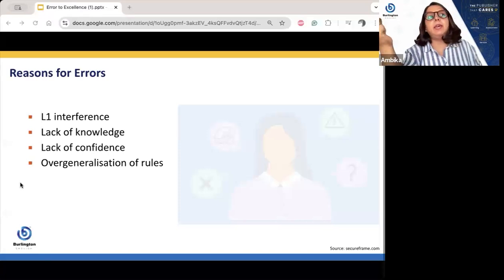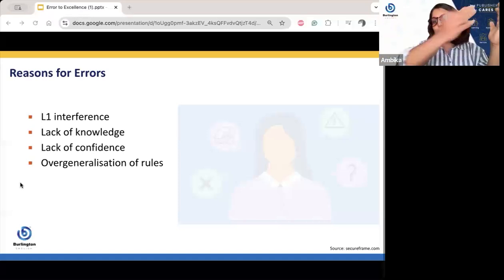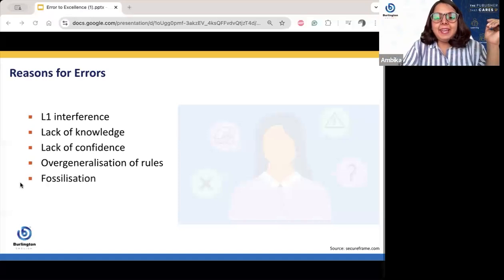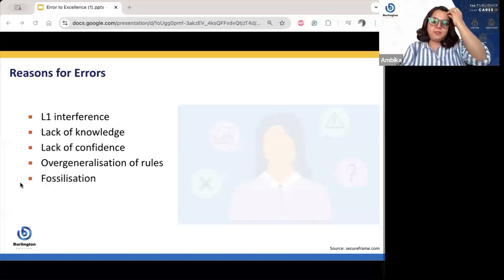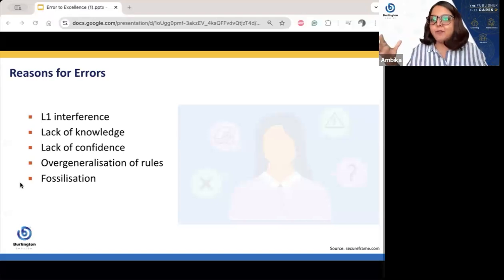So those kinds of rules are the overgeneralization. It's very evident that a lot of people make errors because they think the rule is right throughout. The next one is what Meena briefly addressed earlier, which is fossilization. Repeatedly saying the same thing makes us feel that it's correct. For example, half of the people, when they speak, say, me and him went for a movie, instead of he and I went for the movie.